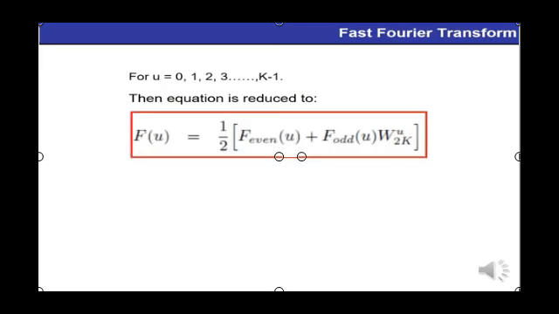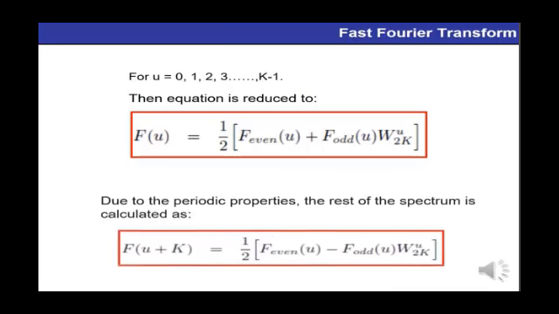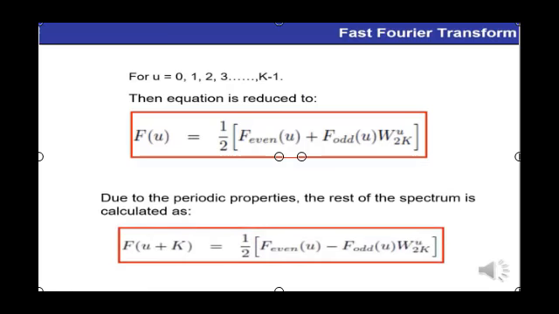The values of F even part and F odd part would be taken from the previous equations. The rest of the spectrum, that is F(u plus K), is written as half of F_even(u) minus F_odd(u) W to the power u to the base 2K.